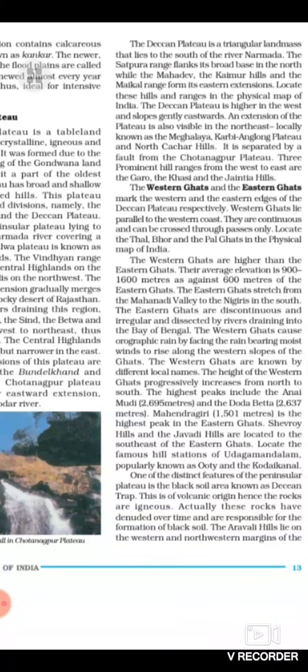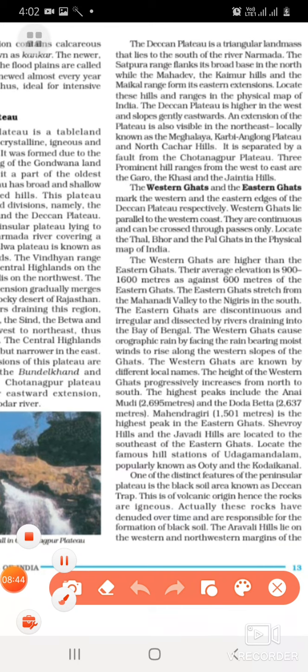That means rivers flow in between, and these all drain into the Bay of Bengal. You all know that the Bay of Bengal is present on the east side. You can see this in your textbook.